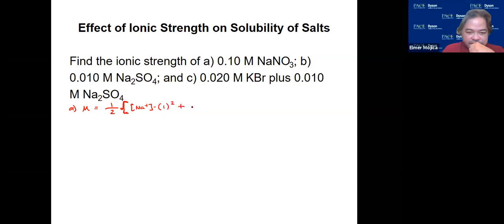And then we add it with the concentration of NO3 minus times -1 squared. So where do I get the concentration of these? From this one, when they dissociate. So if I'm going to do it, this will become what? 0.1? Oh no, this is the thing that I hate.